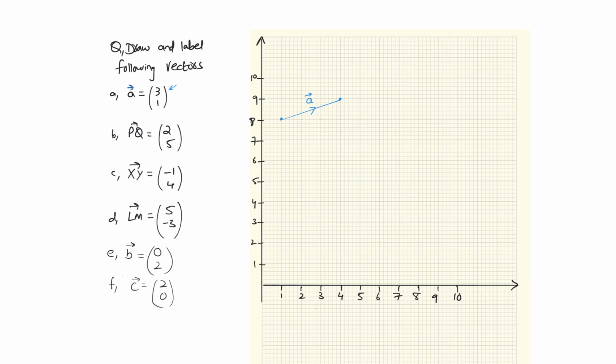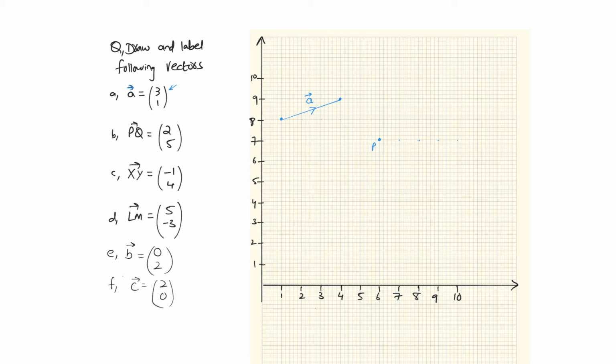The next vector is PQ. I can have any point as a starting point. Let's say this point. This is your starting point P. You have to move 2 units in the x direction and 5 units in the y direction. Okay, let me start from here. This is my point P. 1, 2, 3, 4.